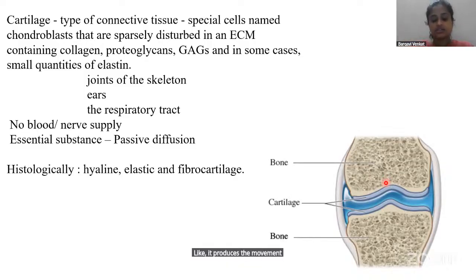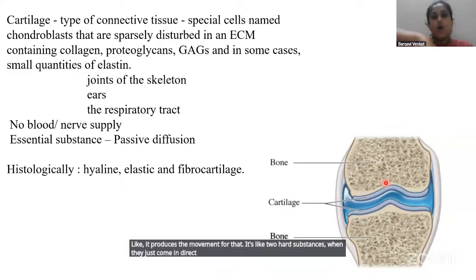For that, when two hard substances come in direct contact, there is obviously going to be some sort of friction, right? So to prevent that, we have a capsule, a gel, which in layman's terms they call jelly, right? That is nothing but your cartilage.